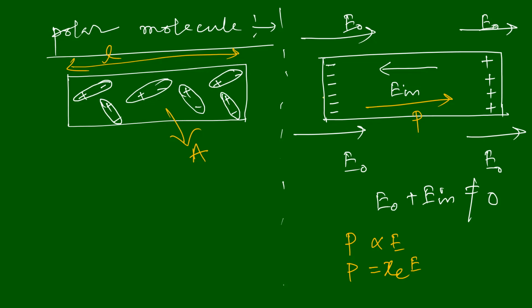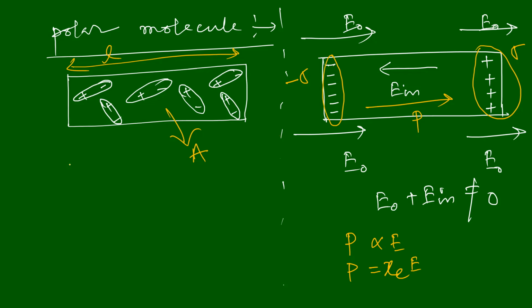After the arrangement, the extreme left portion should have some surface charge density. Due to the negative charges, it should have surface charge density minus sigma. Due to the positive charges, it should have surface charge density plus sigma, right?